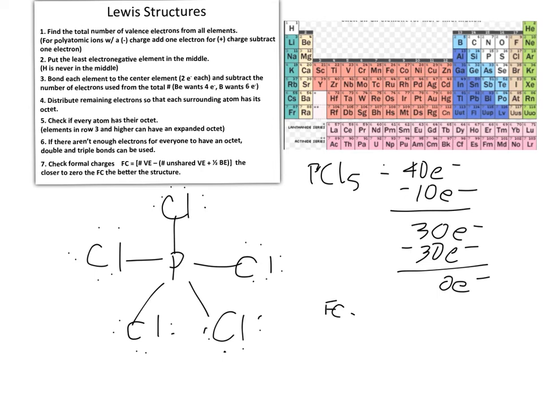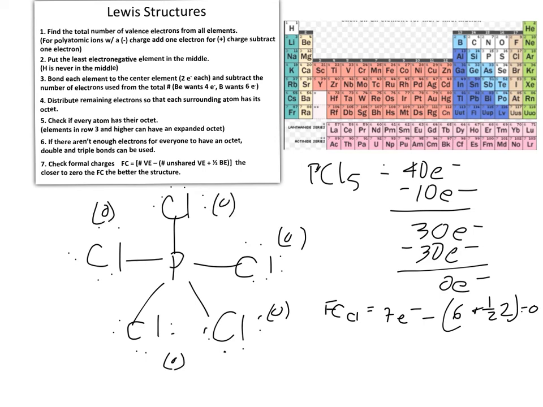Formal charges for the chlorines: all the chlorines are bonded the same. 7 electrons minus 6 unbonded electrons plus half of the single bond that it has. That gives us a formal charge of 0. So each one of these has a formal charge of 0.